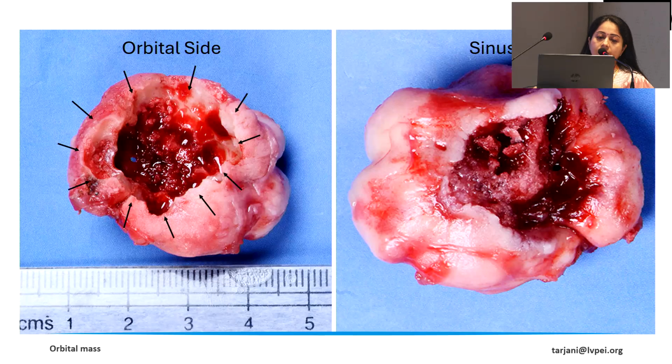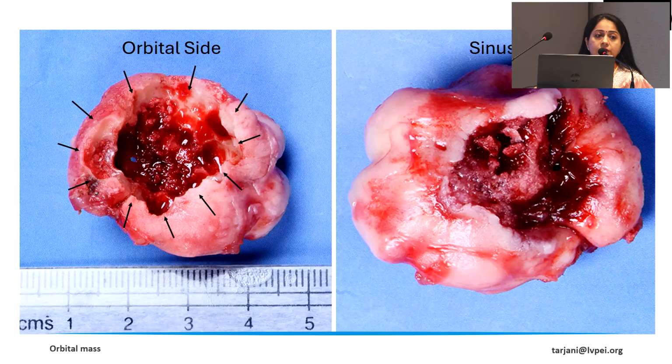You can see that these are all the areas where I have drilled on the orbital side, and once that thick sclerotic component was out, I could just easily maneuver and rock the tumor with the help of a mosquito and remove it from the ethmoid side, which is over here.